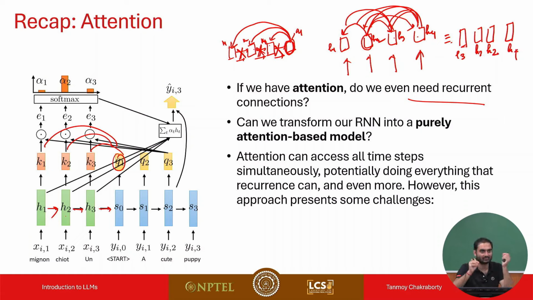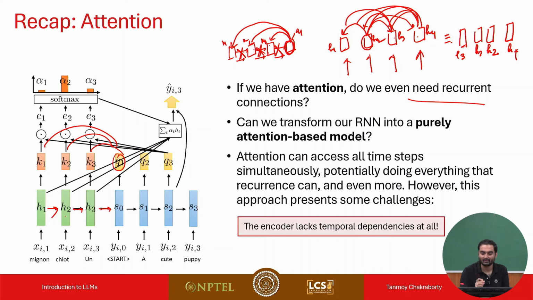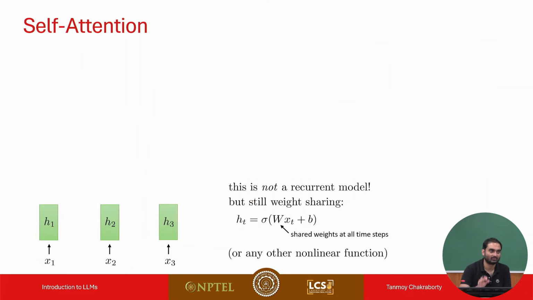If you shuffle the hidden states, you get the same output because there is no dependency between the hidden states. It basically means that the temporal dependencies which are preserved in a recurrent neural network will not be preserved if we do self attention, if we remove the recurrent connections. How do we address them? We'll discuss later. But before that, let's focus on the self attention part.